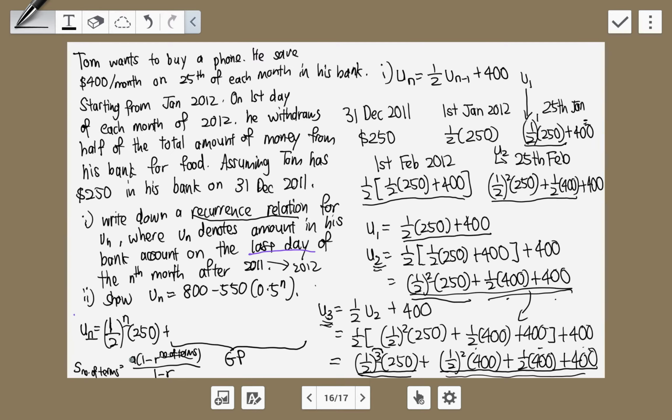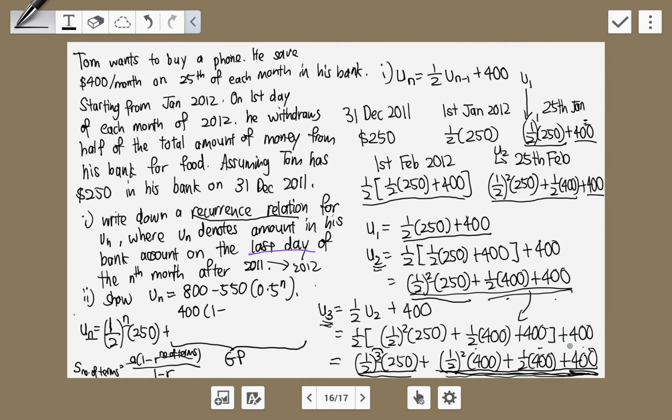So what is my first term? My first term A is 400. In each case here, the A you see is the 400. The 400 is the first term of this entire geometric progression. So I would just use the formula and write 400 times 1 minus r to the power of n. What is the common ratio of this geometric progression?